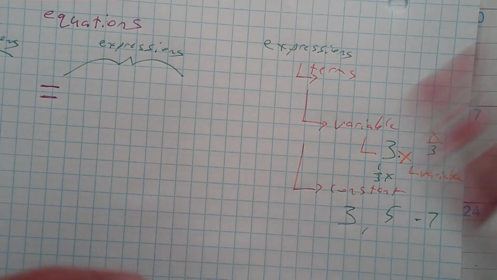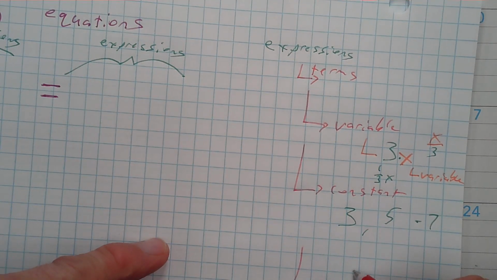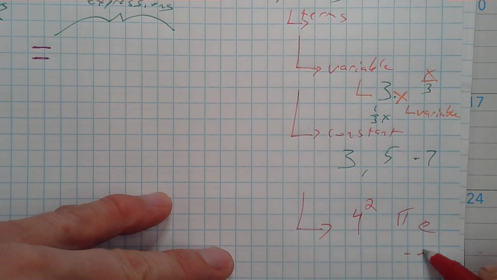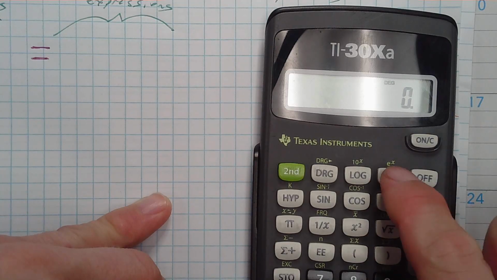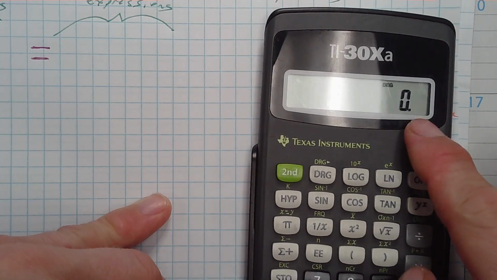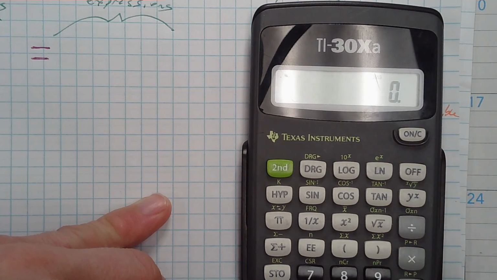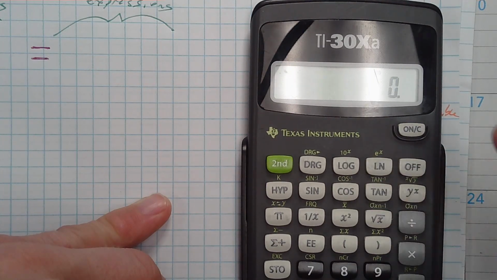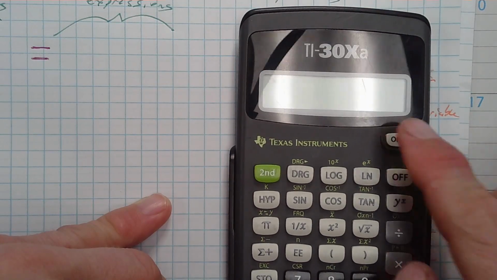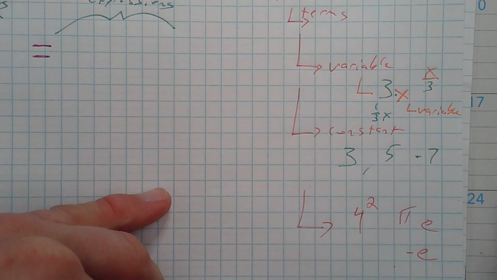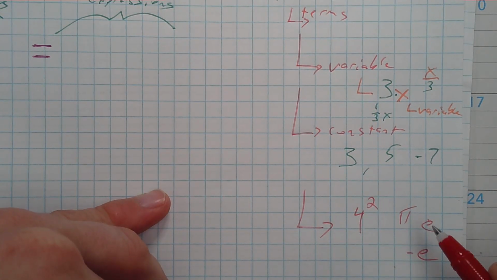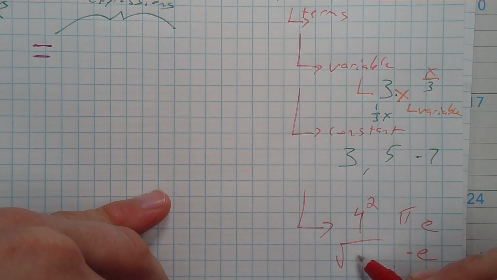It can be as complicated as 4 squared, or pi, or e, or -e, where the value of e is whatever, so it's a number. Or it could be a square root of something.